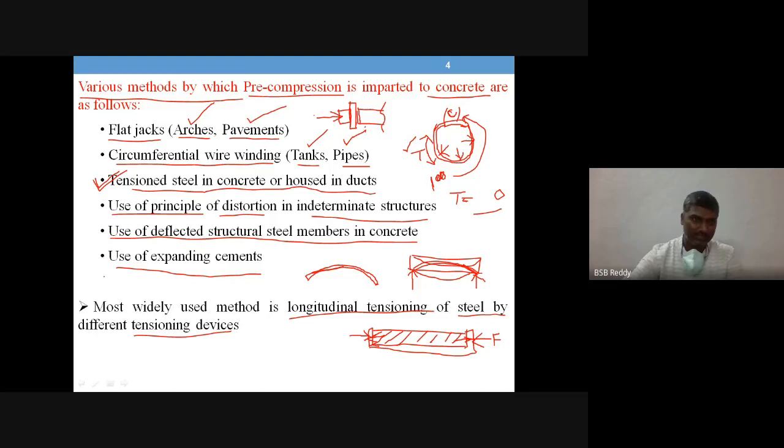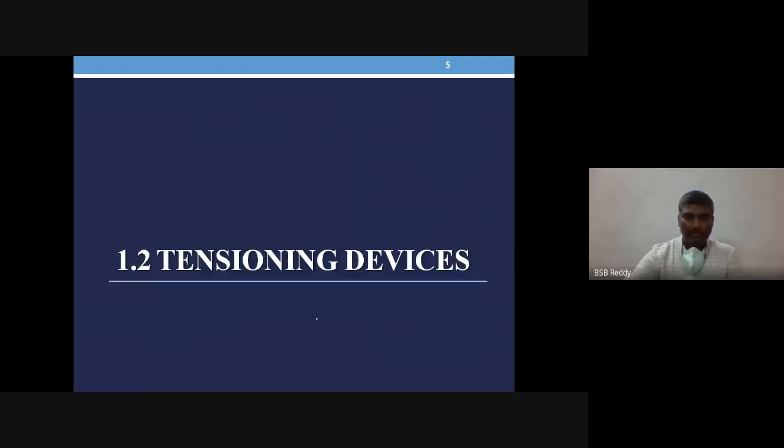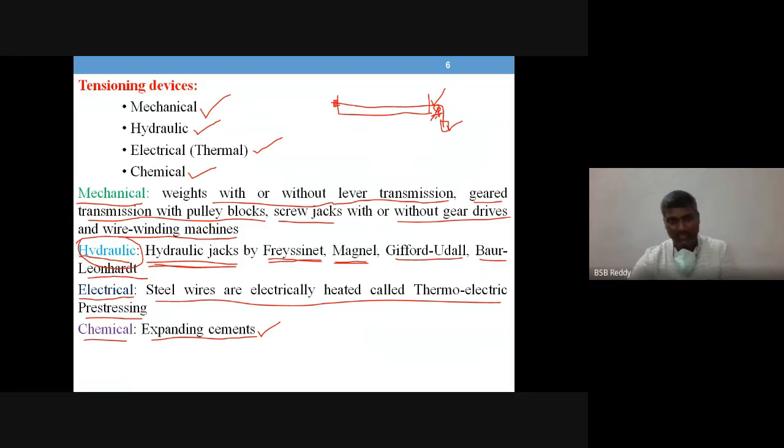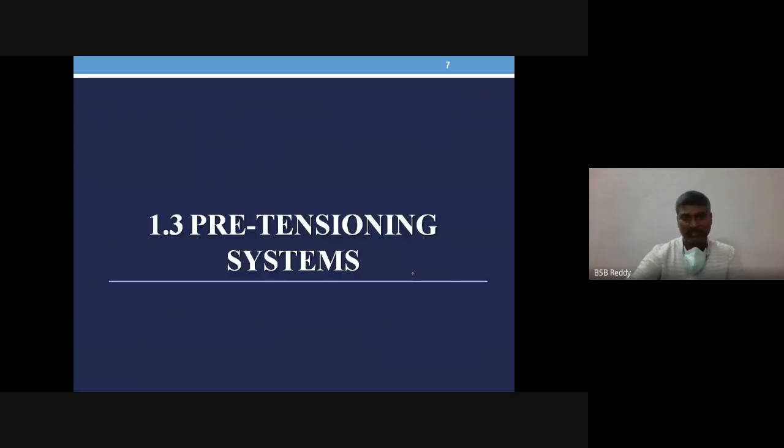Out of these, the very widely used and famously known ones are pre-tensioning and post-tensioning techniques, that is, tensioning the steel. Then the devices: mechanical, hydraulic, electrical, chemical. Hydraulic jacks are very widely used for the tensioning operation. So from the next session onwards, we'll talk about pre-tensioning systems.